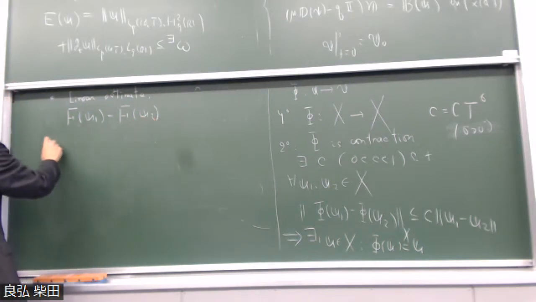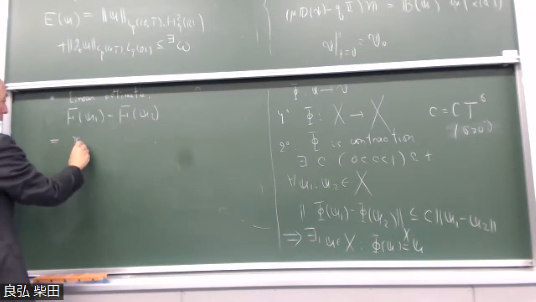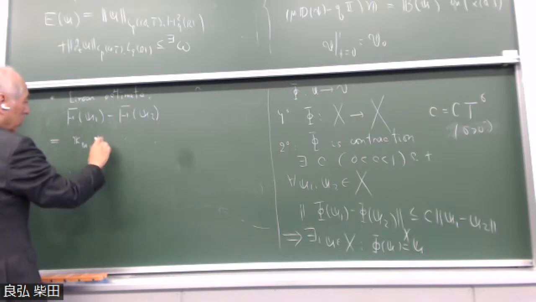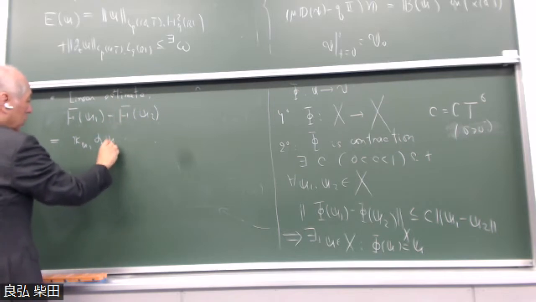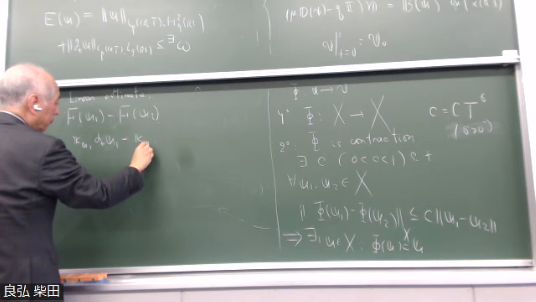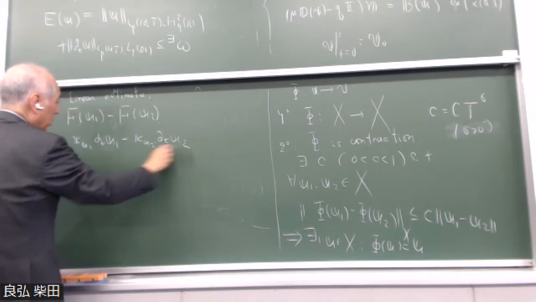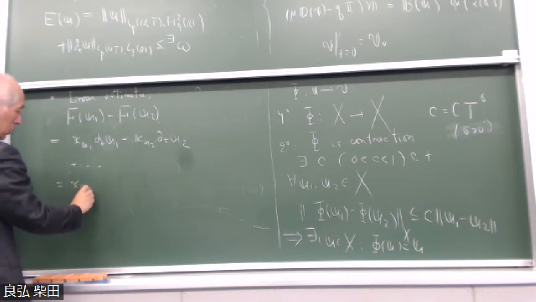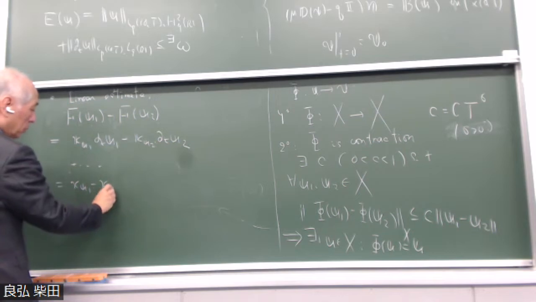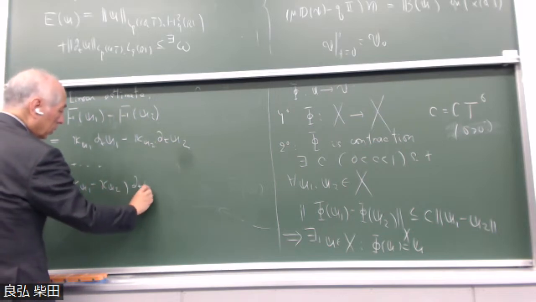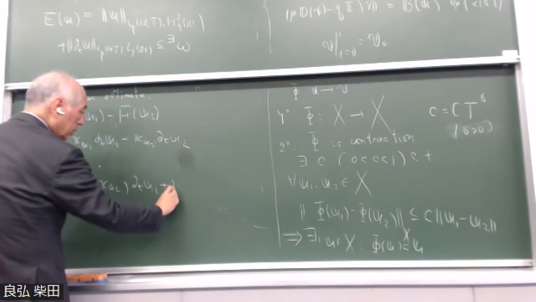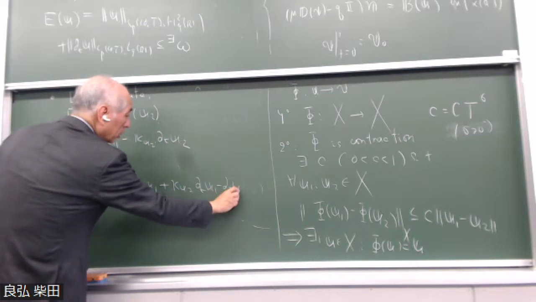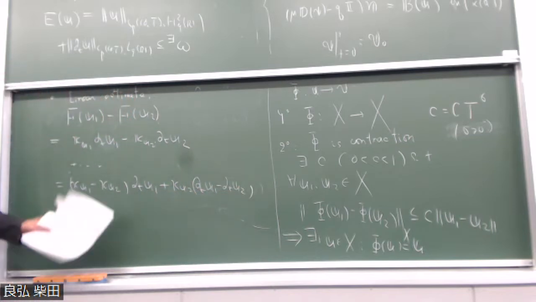This is like k(u1) times u1_t minus k(u2) times u2, etc. So this term is, of course, you know, something like (u1 plus u2) times (u1 minus u2). You use this kind of trick.